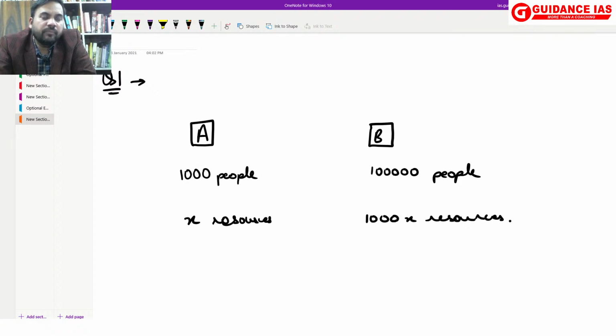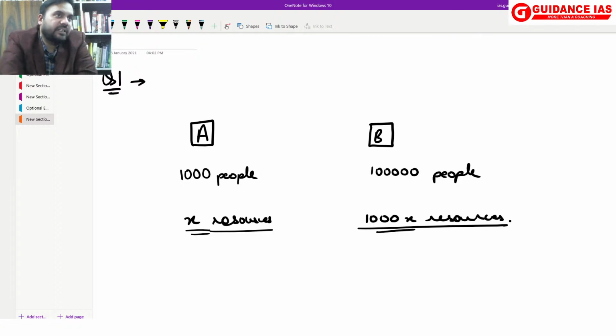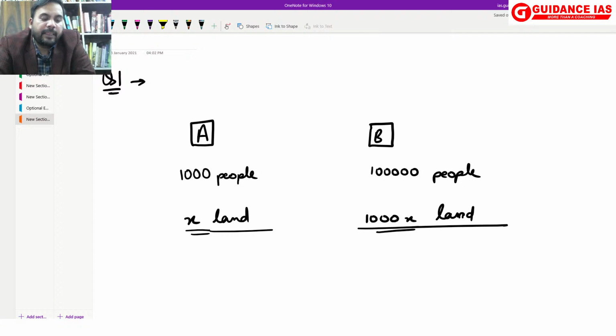Do I need more information? But actually I have taken care, because I have given the amount of resources. Suppose I would have written, rather than resources, that this much land is available, that X land is available here and 1000X land is available here. Okay. On the surface it would look like B is comparatively less populated than A.